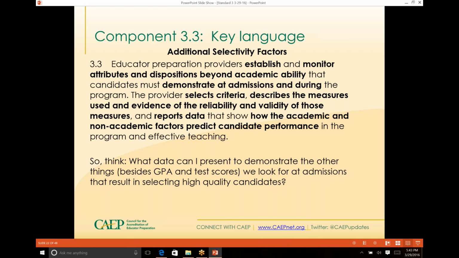You select these criteria, describe the measures you use, provide evidence of reliability and validity, and report data about how academic and non-academic factors predict candidate performance. So what you're thinking about is, what data do I have that I could demonstrate other things besides GPA and test scores that you look for at admissions that do result in selecting high-quality candidates for your programs?